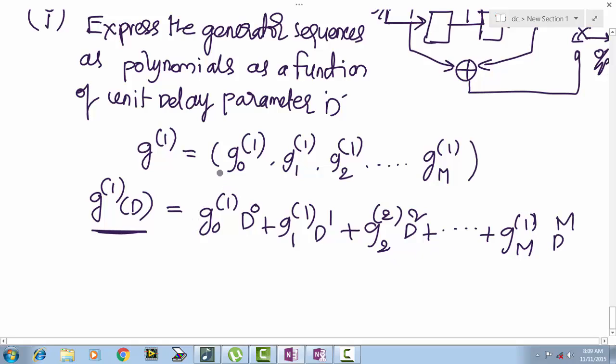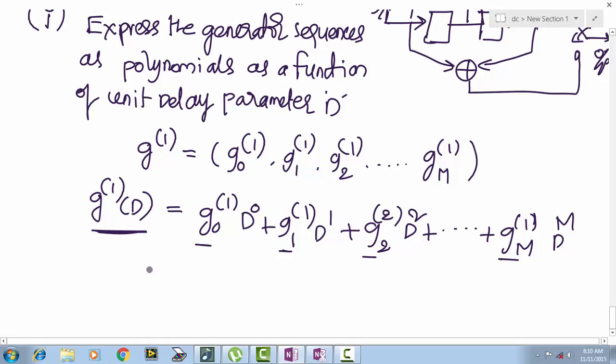The coefficients of this polynomial are the elements of the generator sequence.